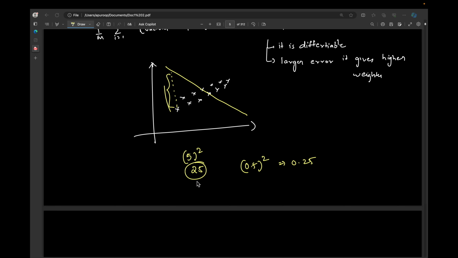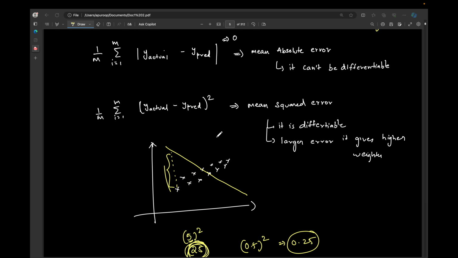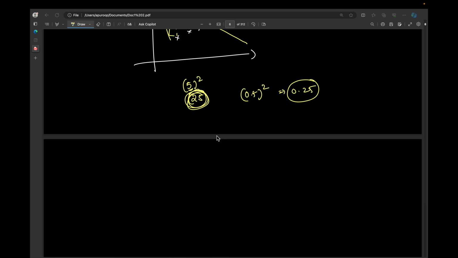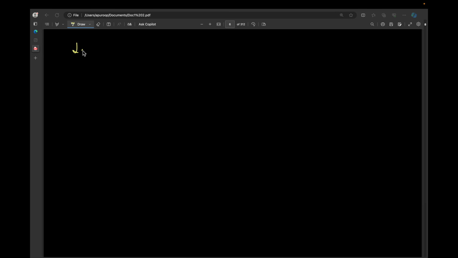So the model will try to reduce the higher errors faster as the error is very high. Okay, so this is the basic idea of mean squared error, and that's why we'll try to use this particular mean squared error.